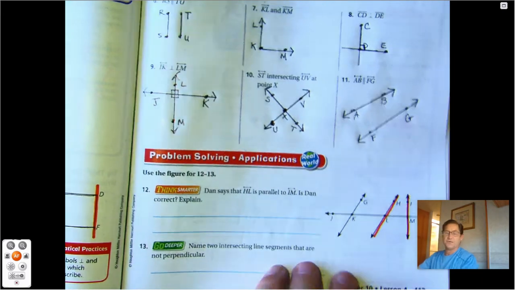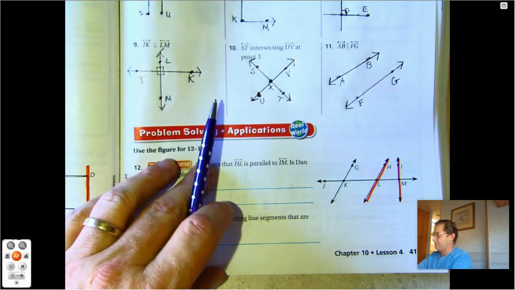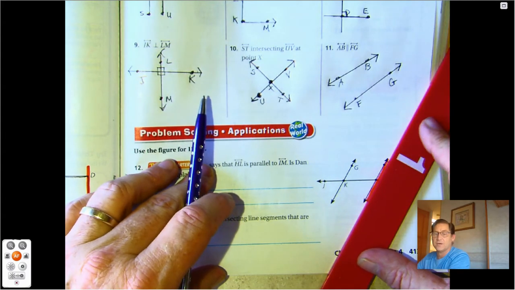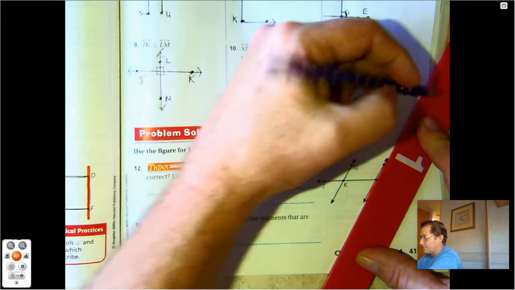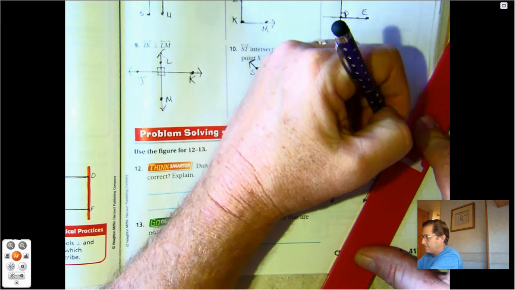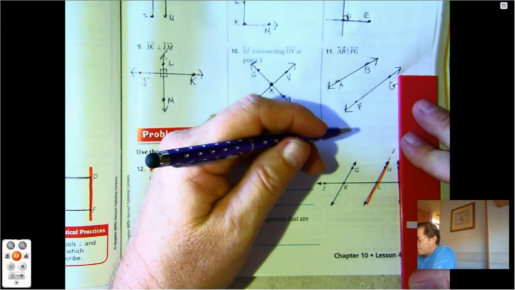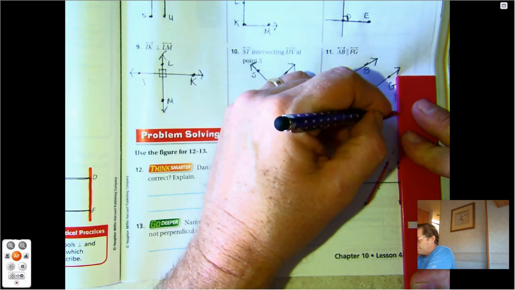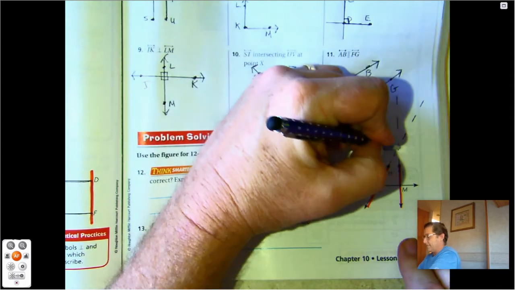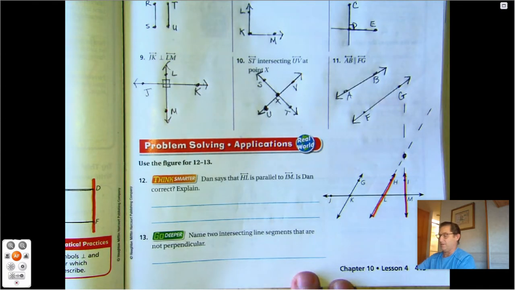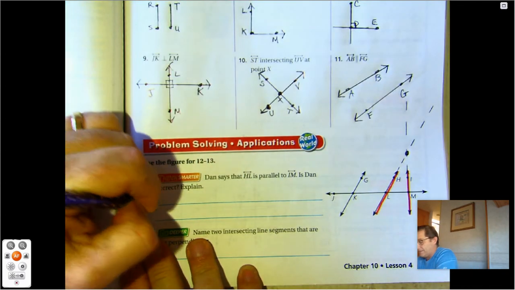Well, here's a situation where right now they're not touching, but if you were to extend the line out into space, because remember, a line goes on in both directions continuously, I can use a straight edge to extend the line out. You will notice that they would intersect right there. So if they cross, how can they be parallel? So no, he's not correct.